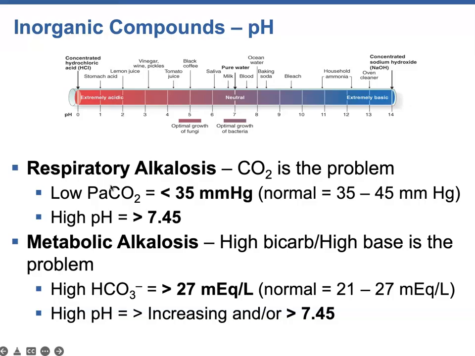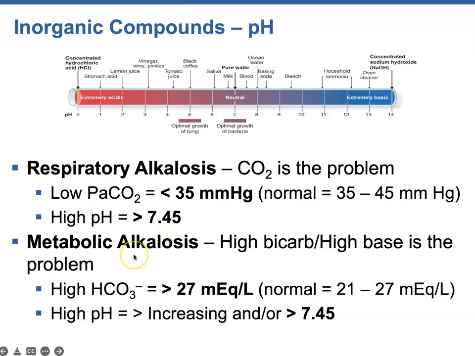The thing we blame is a respiratory problem. The issue is we don't have enough carbon dioxide. So you exhaled too much carbon dioxide. If you were to measure end-tidal, you would have a low end-tidal value, less than 35. pH is going to be elevated.